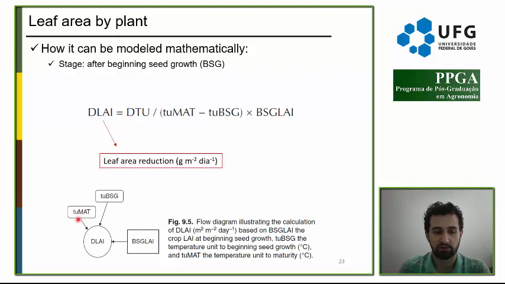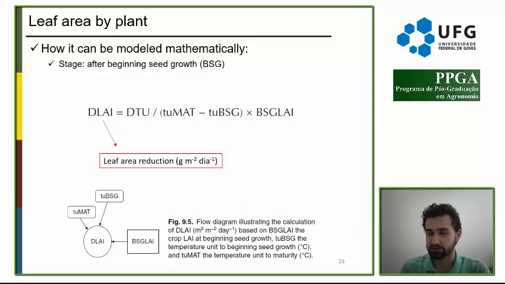Based on the accumulated thermal time from beginning of the seed growth until maturation and the leaf area index at the beginning of the seed growth, I can define the reduction of the leaf area by day until maturation. Okay, so you're going to have this increase until the beginning of the seed growth, and after this period the crop starts reducing toward zero. This equation shows that from this maximum point until maturation, I have a rate of reduction linearly to reach zero at the end of the cycle.